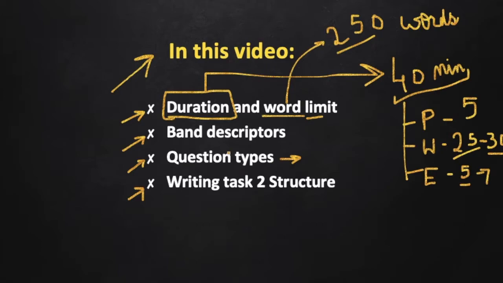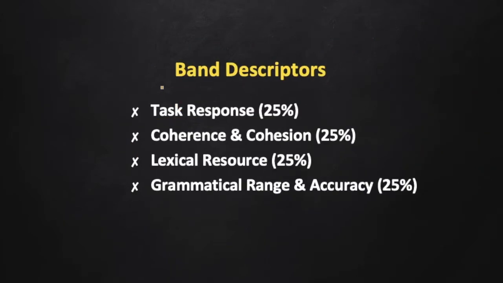Now let's take a look at the band descriptors, which are the evaluation criteria. And as you can see, all the criteria carry 25% weightage. The first criteria is task response. Now task response is whether or not you have completed the requirements of the task, right?